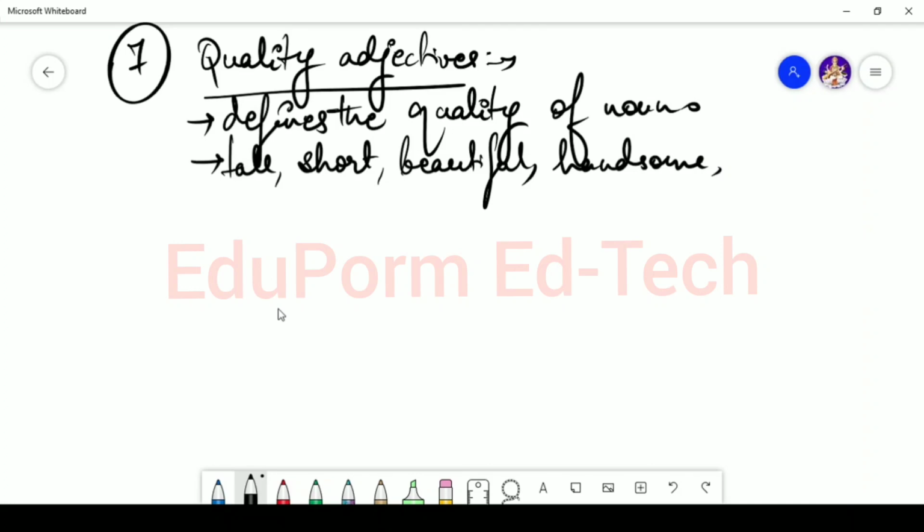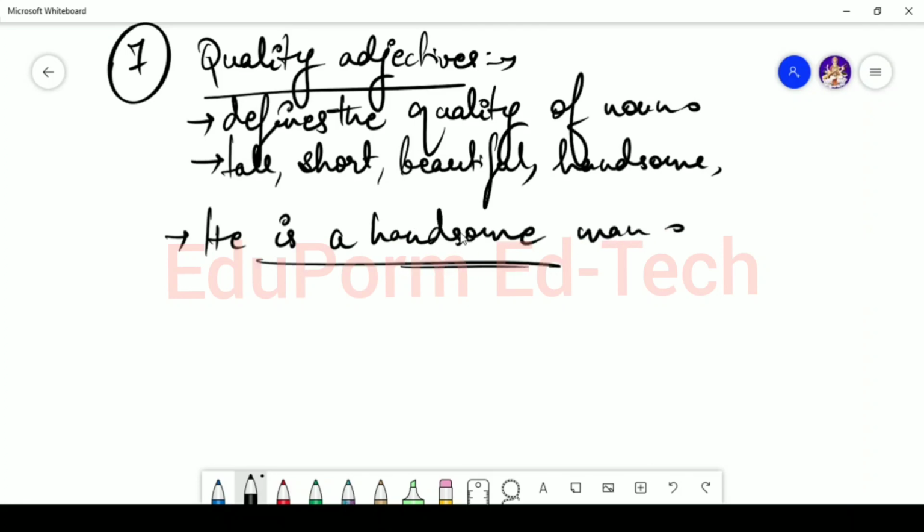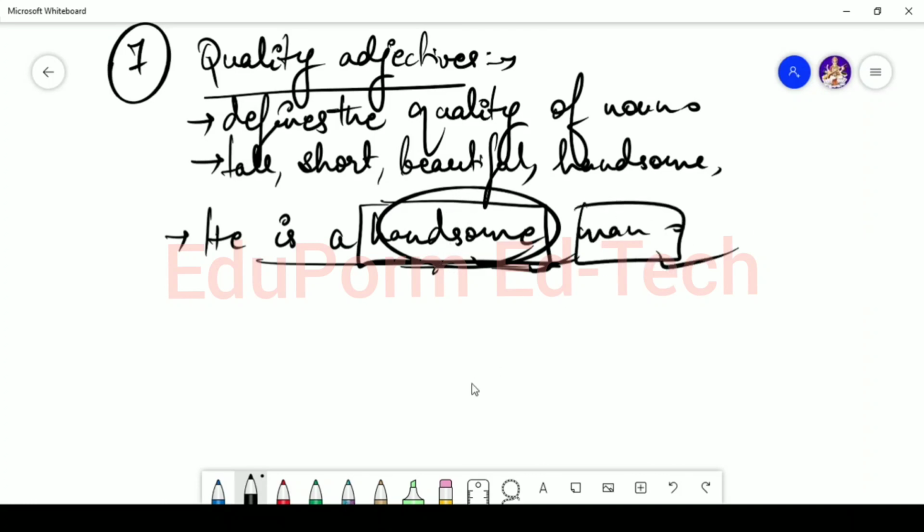These all are basically expressing the quality of the noun. Let's say for example, I am saying that he is a handsome man. So in this sentence, handsome is basically a kind of quality adjective, and it is used to define the noun used here, that is man.